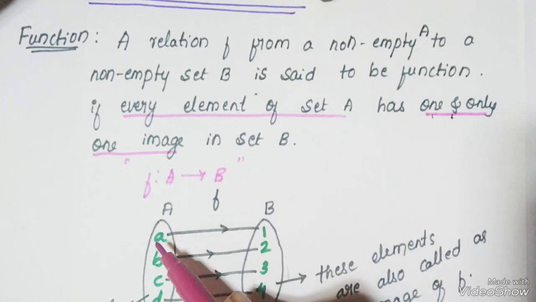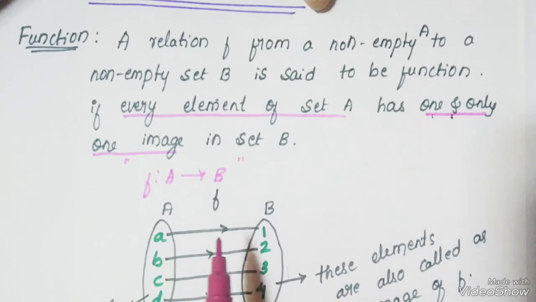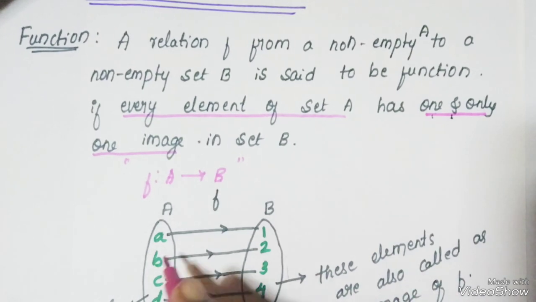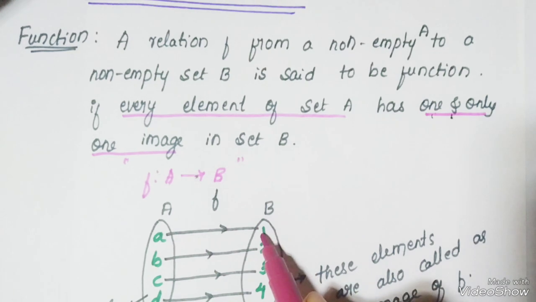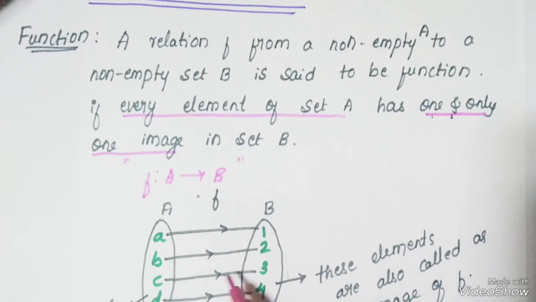Whatever elements of B are related with elements of A, those elements are called the range. Here the range has 4 elements because a is related with 1, b with 2, c with 3 and d with 4.